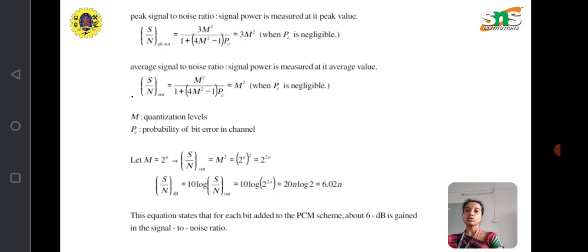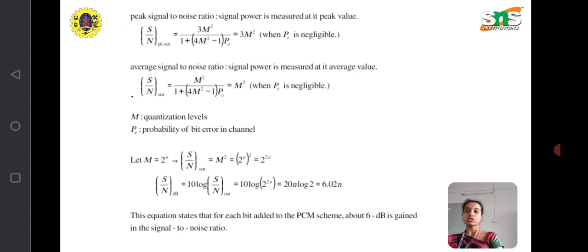Peak signal to noise ratio can be calculated, where S by N of peak out is equal to 3M square divided by 1 plus 4 M square minus 1 into PE, which is equal to 3M square, where PE is negligible.